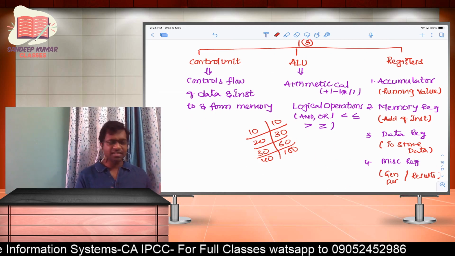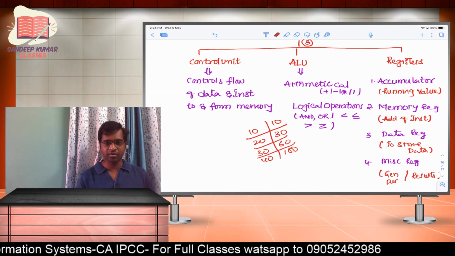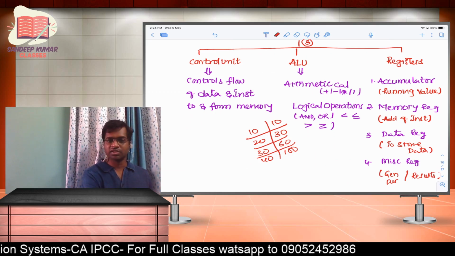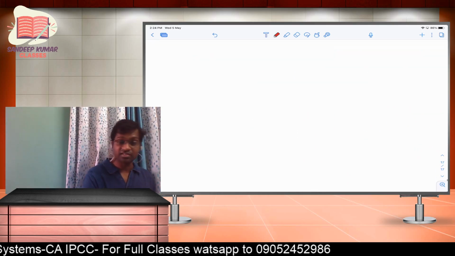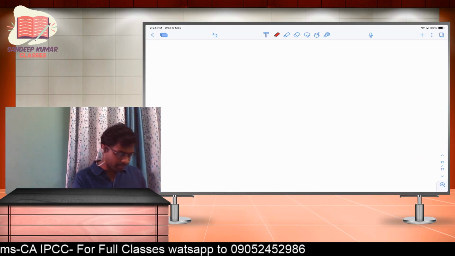So let us understand these components with a small diagram. Once we understand using a diagram, we will not have any further complications. I hope you understood the theoretical part. Now let us study how exactly this will work.